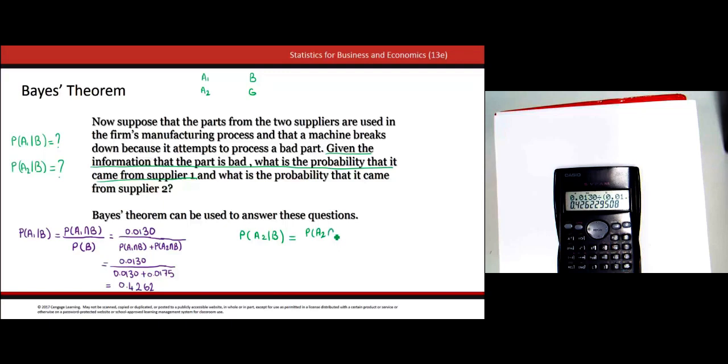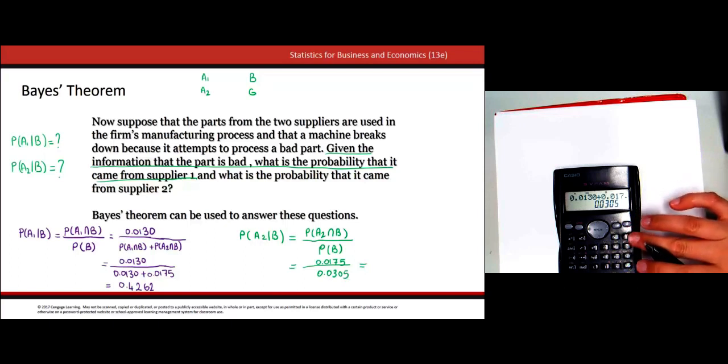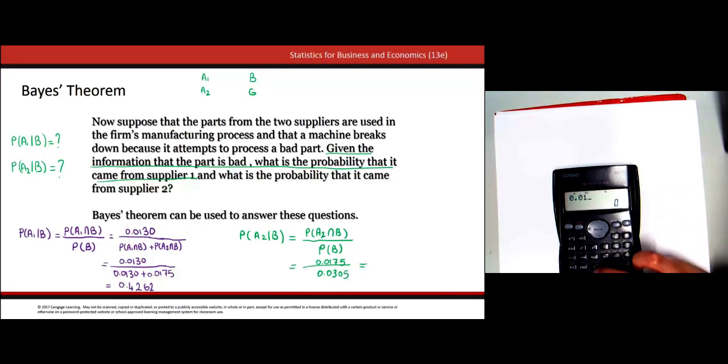That is probability of A2 intersect B divided by probability of B. Now the probability of B is probability of A1 intersect B, 0.013, plus probability of A2 intersect B, 0.0175.